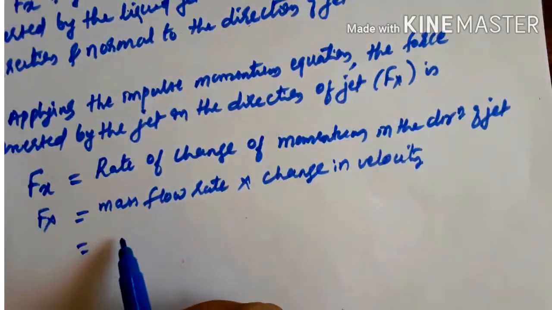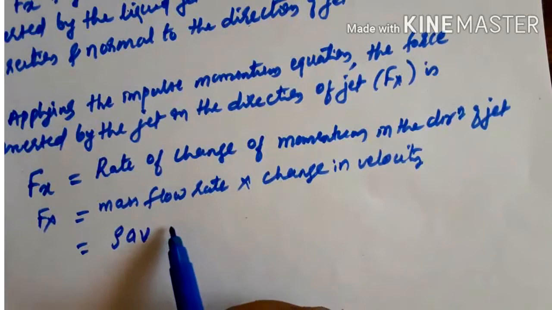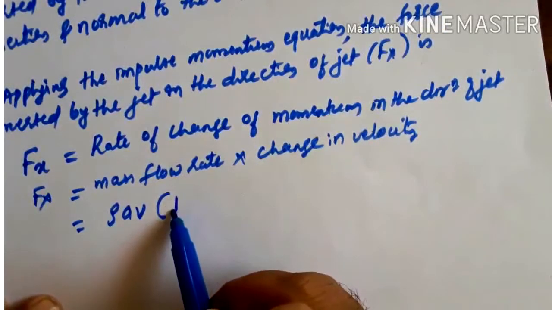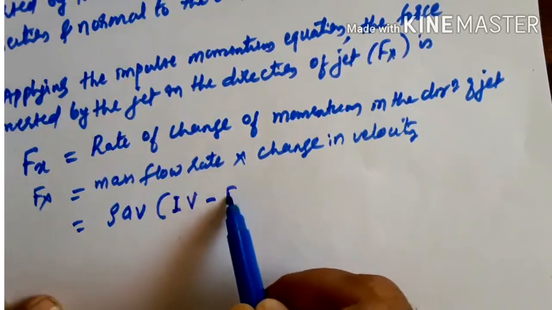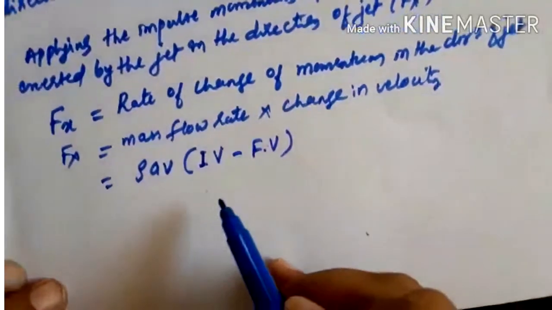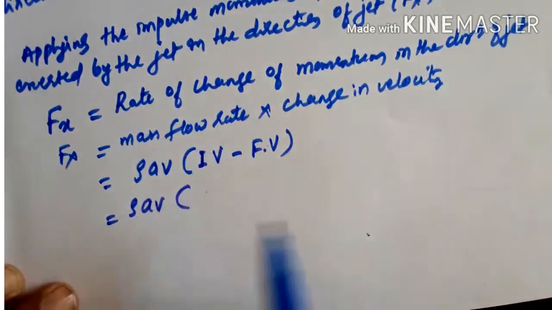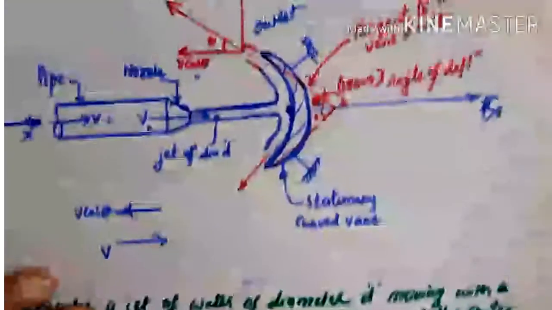Then mass flow rate, as we know, is rho into A into V. Change in velocity means initial velocity minus final velocity. You write the initial velocity of the jet. How much is the initial velocity?